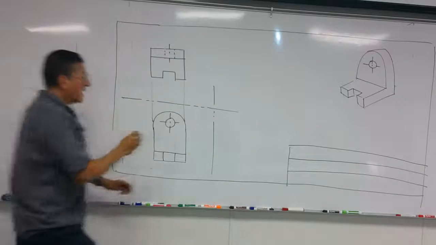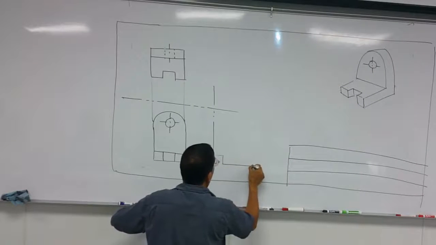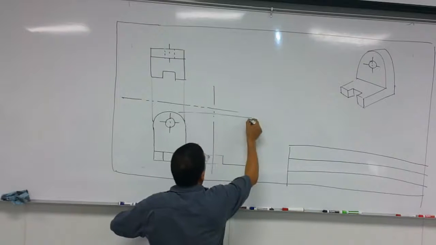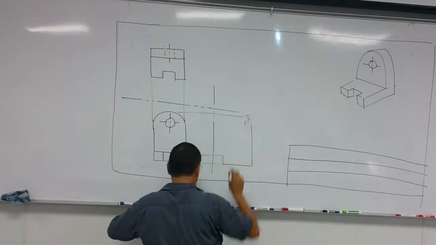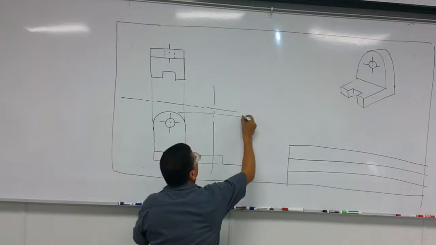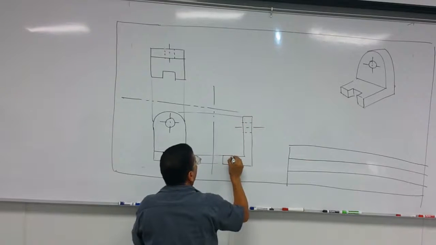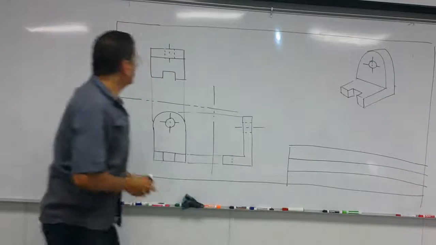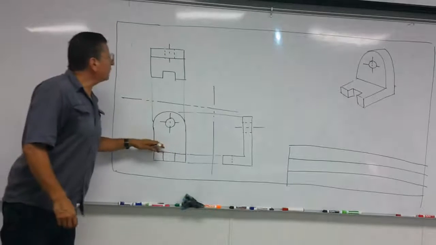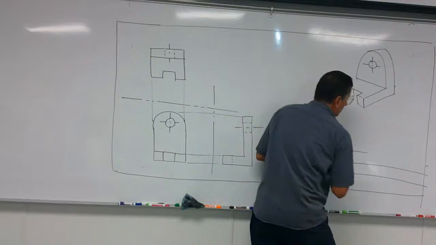With the drill, and in the lateral we have this situation, and we have this. That's correct? Yes. This is the lateral view, that's the front view, that's the top view, and this is the isometric corresponding to that picture.